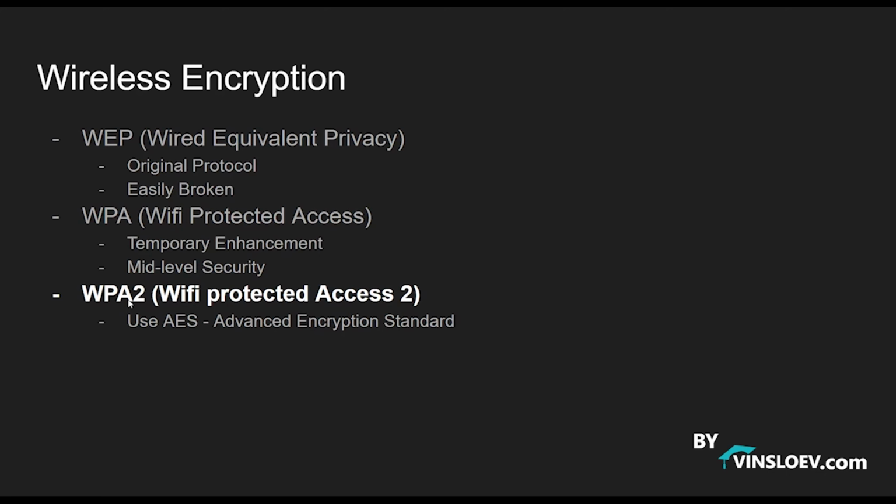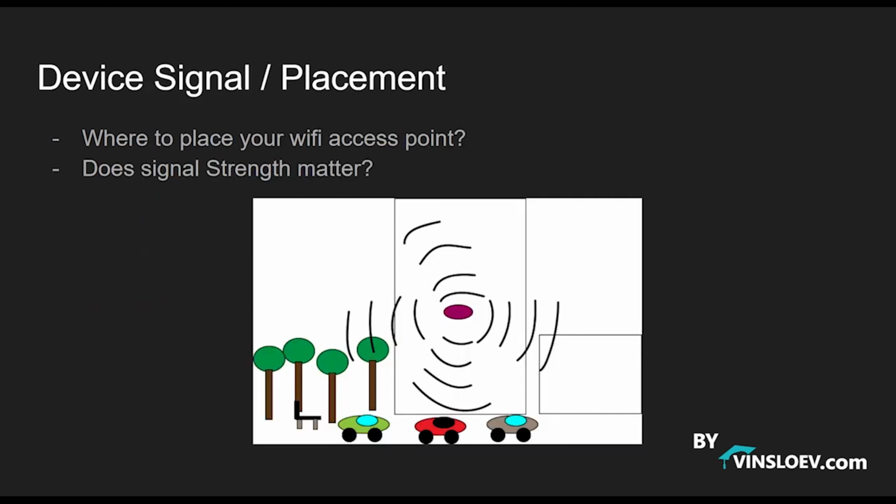But there's also other things that we can do to secure our wireless network, because wireless network, as mentioned, is based on signals, and the great thing about wireless network is that we can connect any of our devices as long as we are within range of our signal. But that is also a security risk, because it is not only us who can connect, it is also everybody else within this range who is able to connect and start to try to crack our network or collect packages from our network.